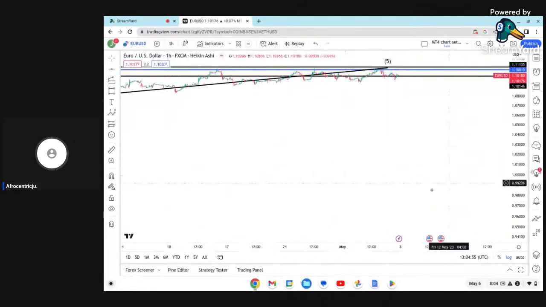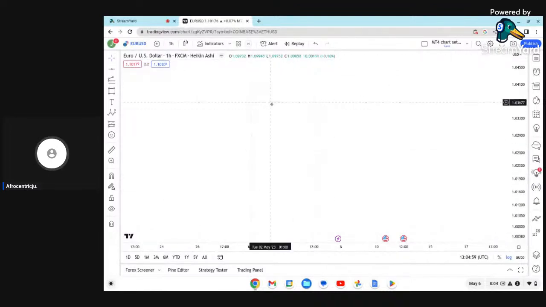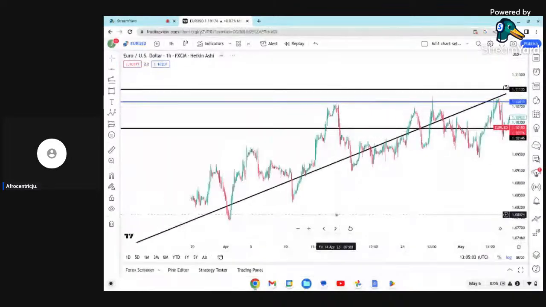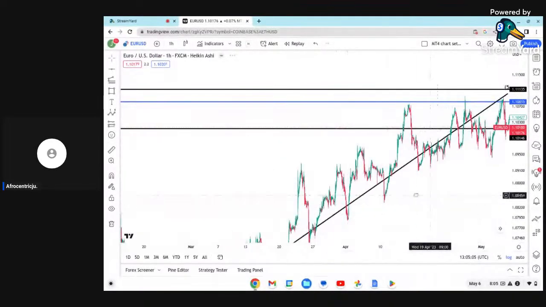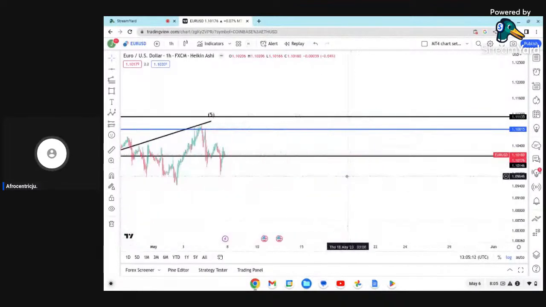I work my way down to the hour chart, and I would just look for some form of buyer's momentum. So right here was buyer's momentum.